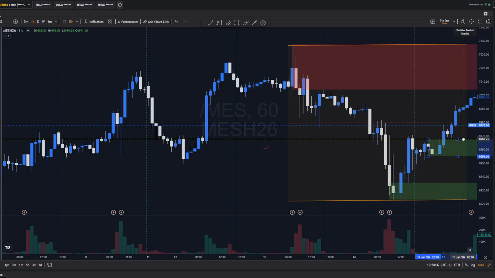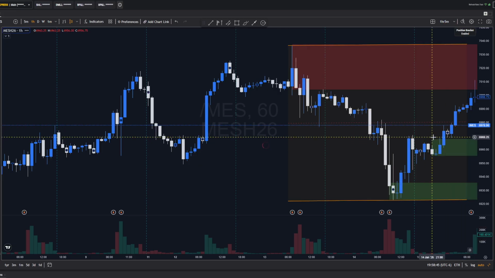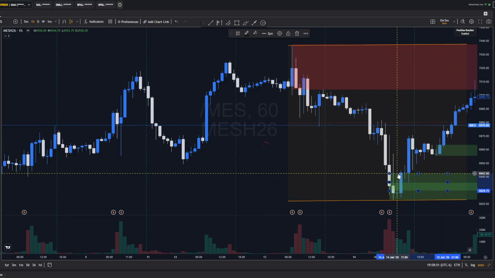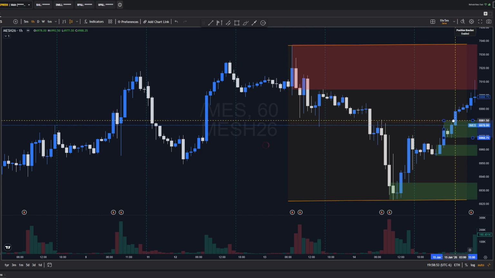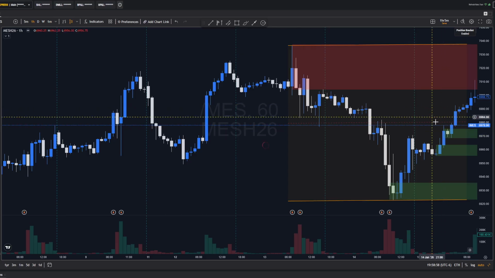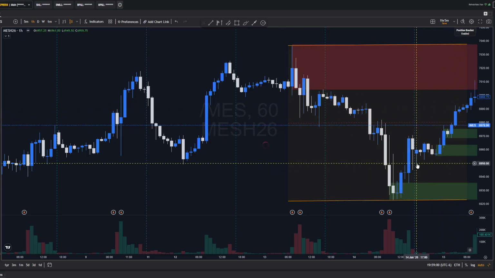The area I'm most concerned with is where the imbalance departed, somewhere right there. And then this is another quick pause and a good departure there.